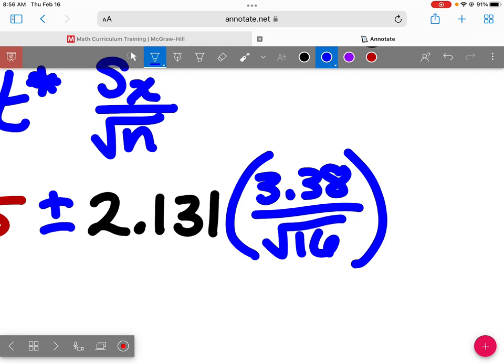Hey, that came out to be a nice pretty number this time. Normally it's not. So let's pop that in the calculator. 2.131 times 3.38 over the square root of 16, or over 4.